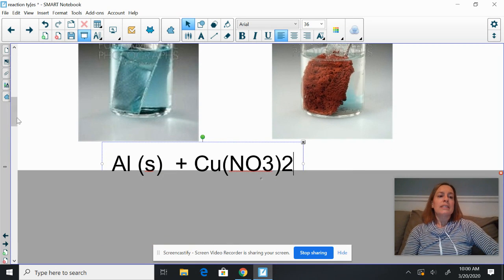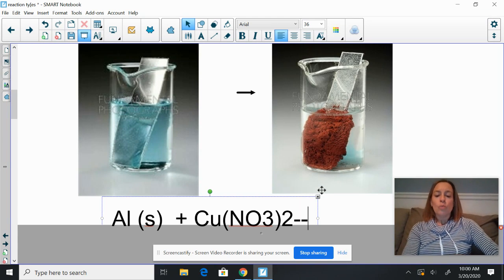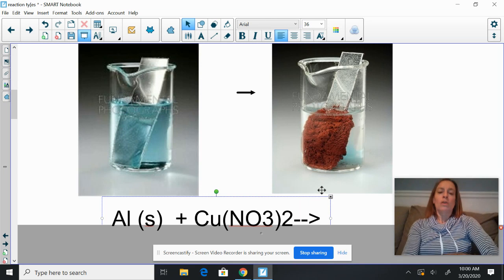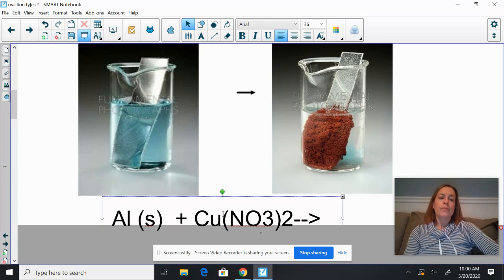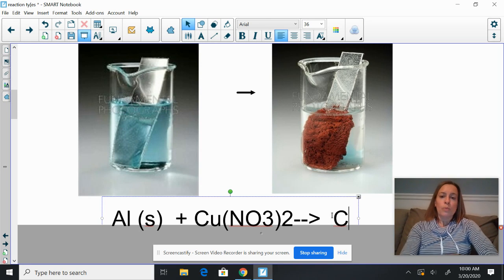And as you let it sit, 2 things happened. That blue color in the copper nitrate disappeared, right? It became clear. The other thing, very obviously, that happened is we went from this shiny aluminum over here to this red solid that developed. So what is that? Well, that red stuff is copper. The aluminum came in and took the copper's place. So we ended up with solid copper.